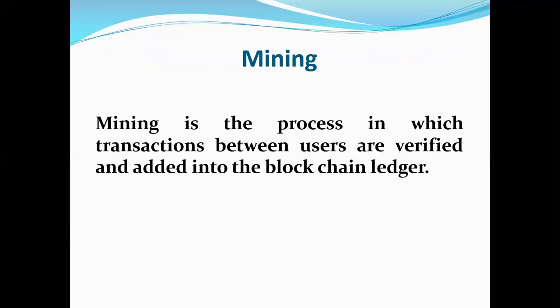Now, what is mining? Mining involves adding transactions to the existing blockchain ledger of transactions distributed among all users of a blockchain. The mining process is mostly associated with Bitcoin. Let's see who the miners are.